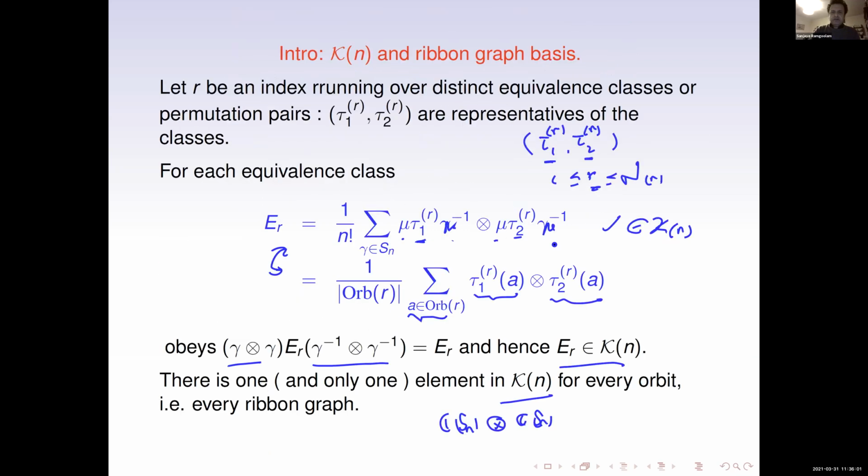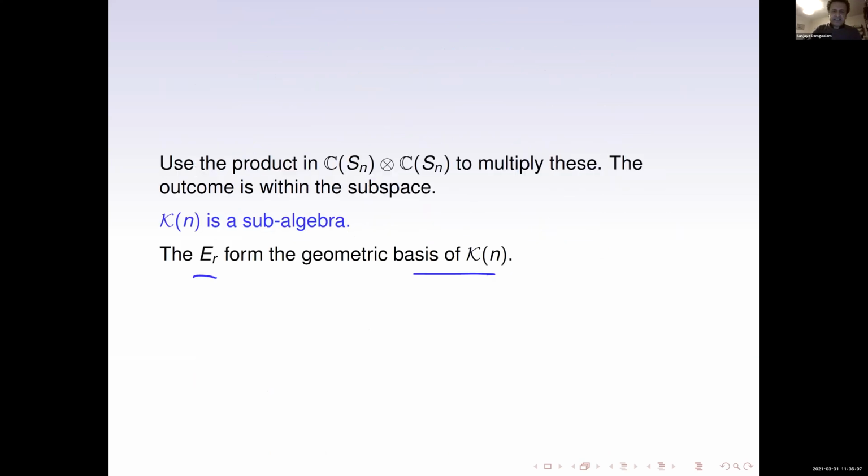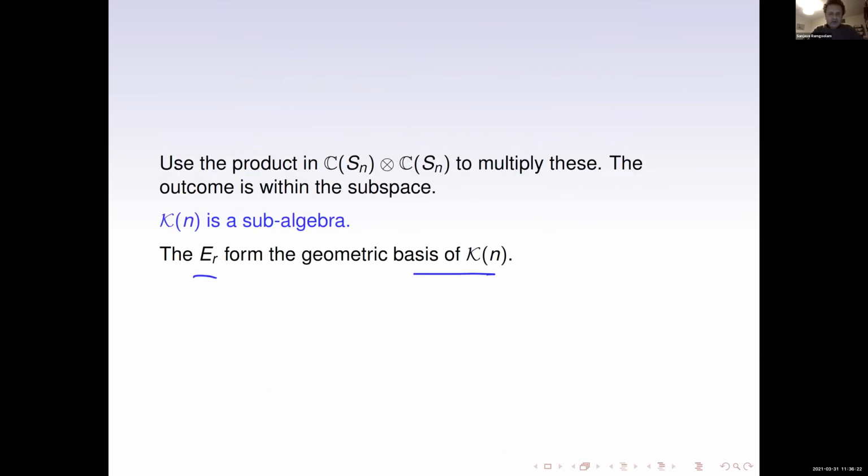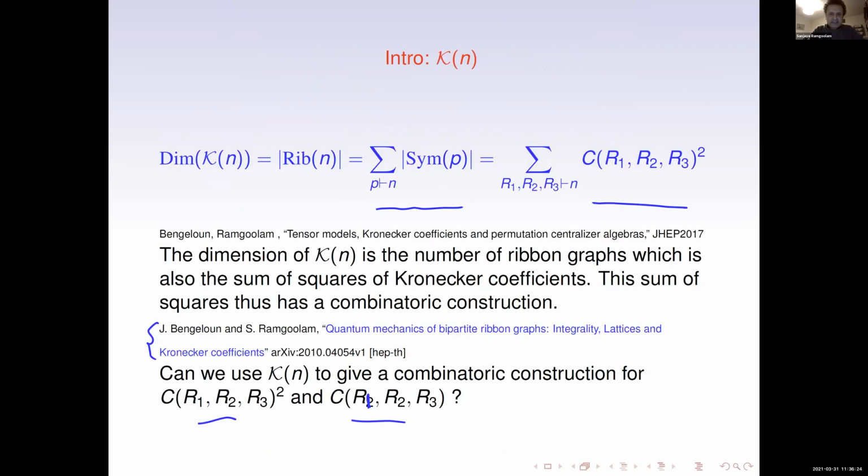So essentially for each equivalence class, we have one of these elements in C of Sn tensor C of Sn, and typical elements are sums or averages over these different representatives of the same thing, which is expressed in this equation here. And there's a closed associative product on these guys inherited from the group algebras.